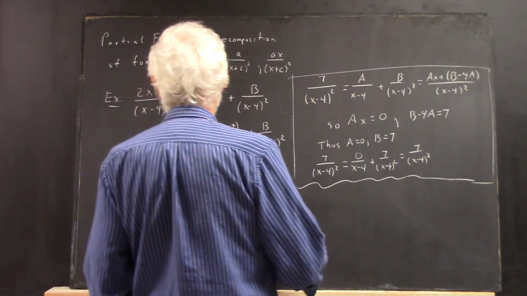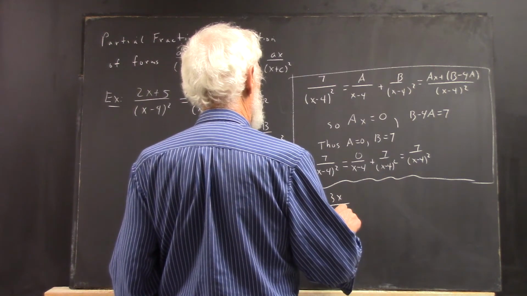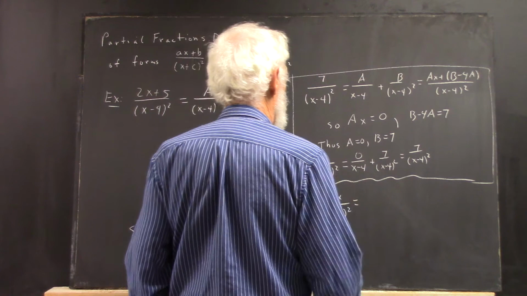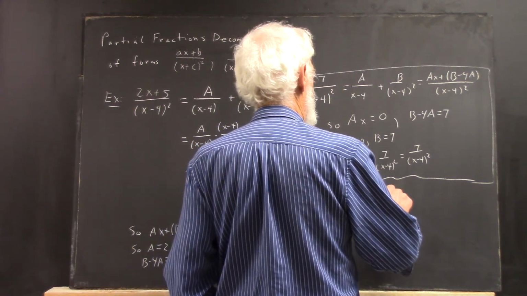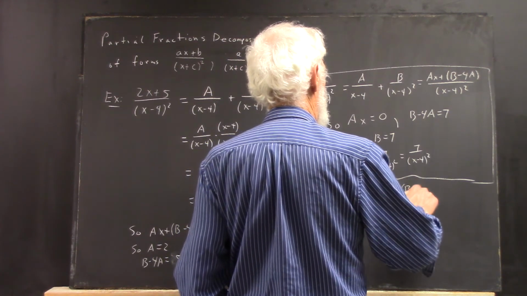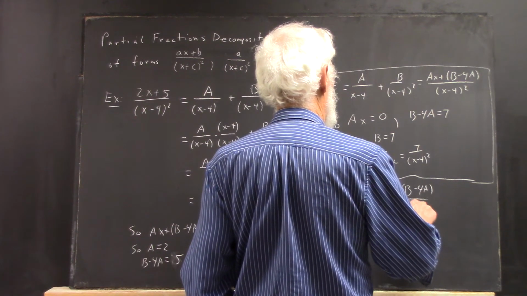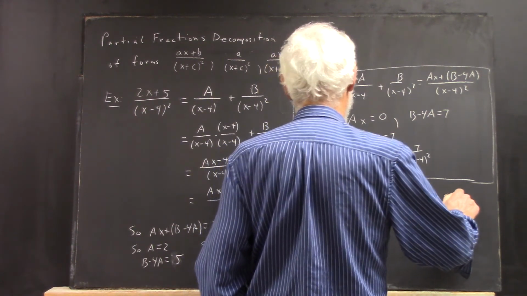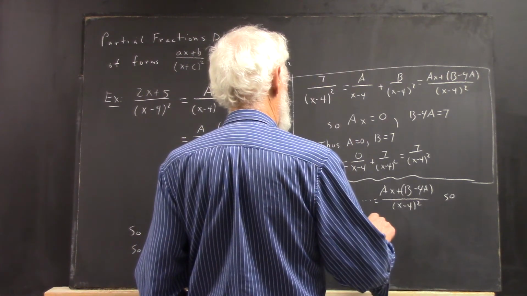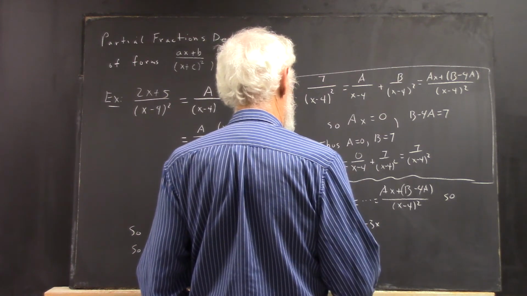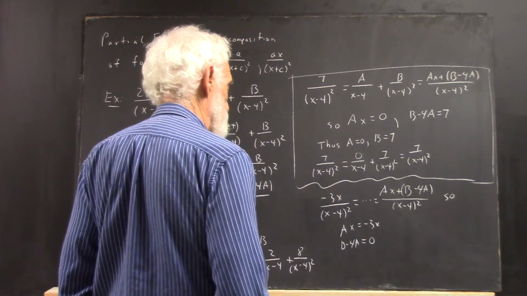Okay, if we had negative 3x over x minus 4 squared, that would equal, well, this, which equals ax plus b minus 4a over x minus 4 squared. So ax equals negative 3x, b minus 4a equals 0.